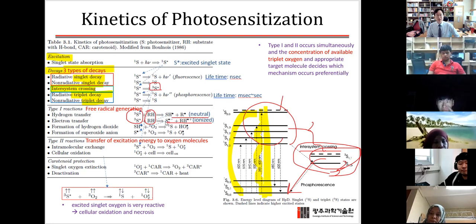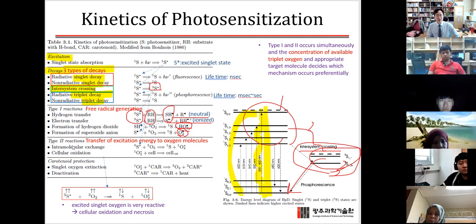From this process it generates those 2, and from here you can see either hydrogen peroxide or superoxide anions generated. Those themselves are also harmful for the cells.